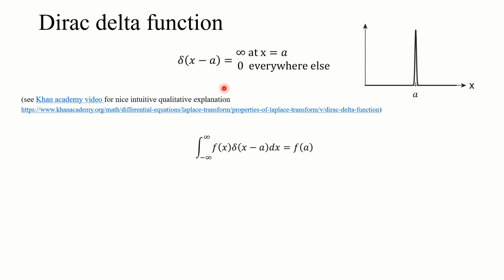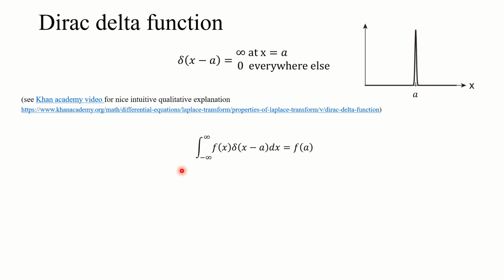But the gist is that the Dirac delta function has a value of infinity when the argument equals 0. So delta of x minus a is infinite when x equals a, and 0 everywhere else. And it turns out it's infinite in such a way, and infinitesimally thin in such a way, that if you integrate over it, the area underneath that curve is equal to 1, right?